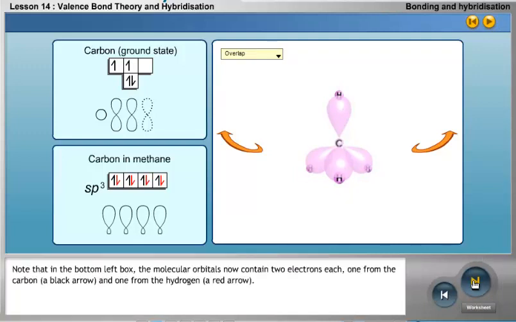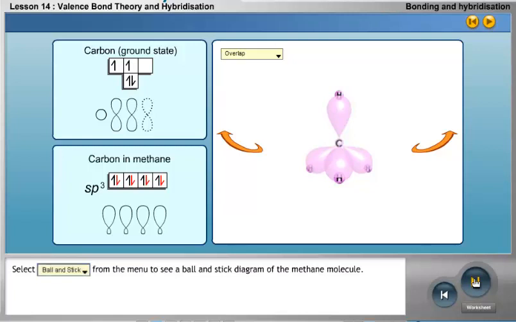Note that in the bottom left box, the molecular orbitals now contain 2 electrons each, one from the carbon, a black arrow, and one from the hydrogen, a red arrow. Select Ball and Stick from the menu to see a ball and stick diagram of the methane molecule.